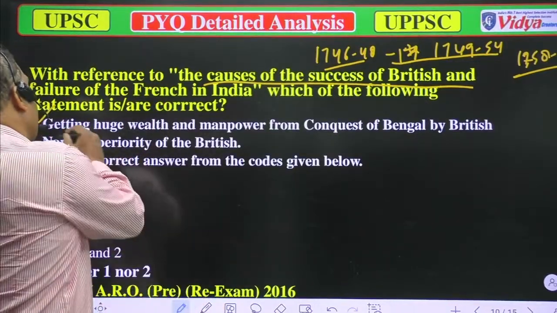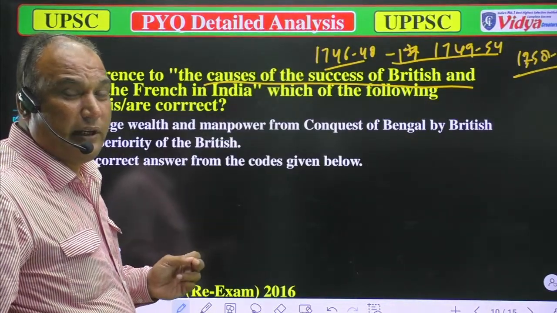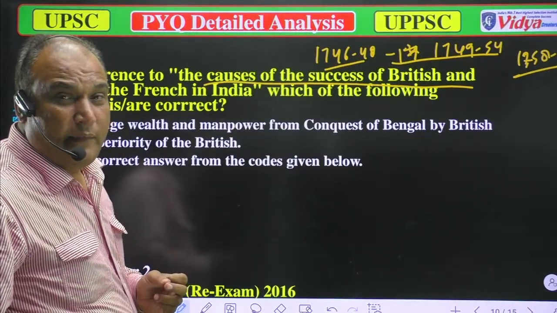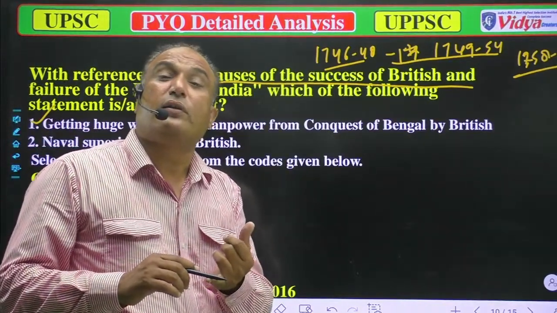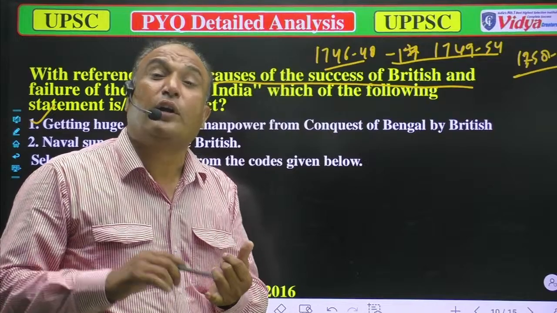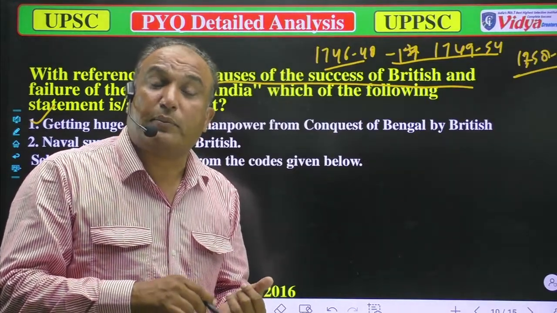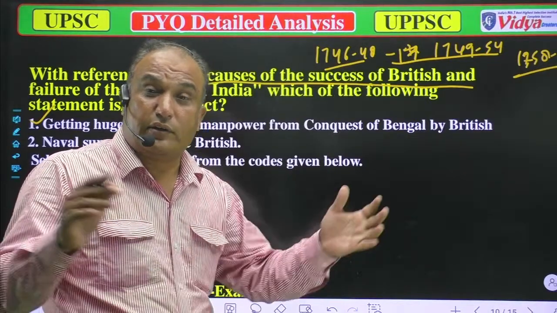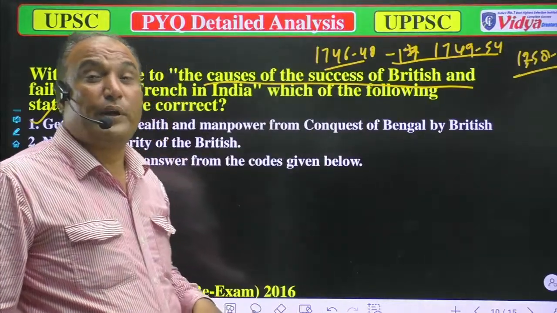So the first point is correct, that Britishers got the most prosperous area, that was Bengal, and Bengal consisted of parts of Assam, Bangladesh, contemporary Bengal, some parts of Bihar, and some parts of Odisha also. So that Bengal was so big, right?